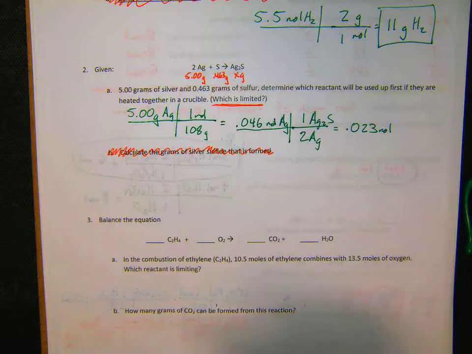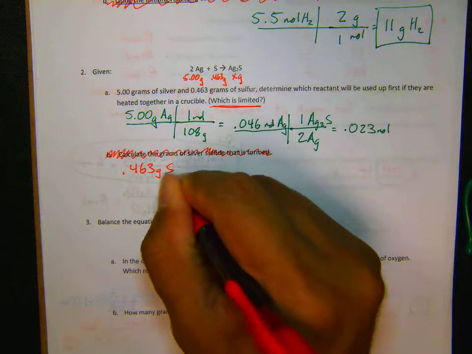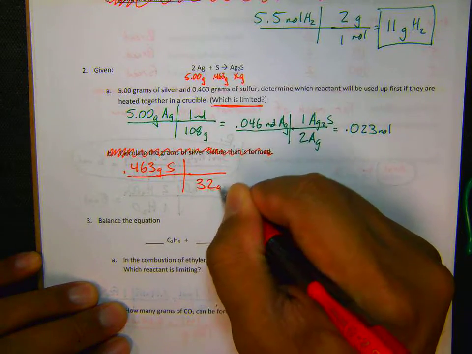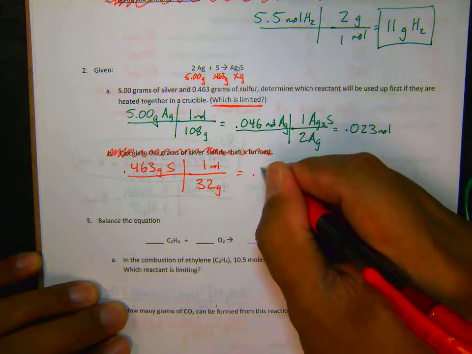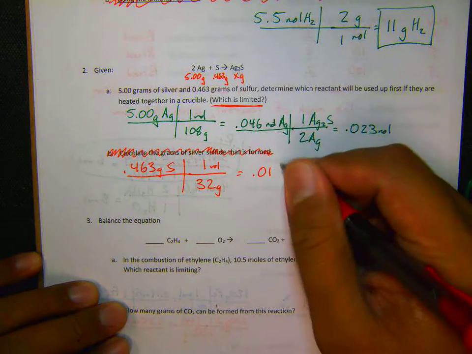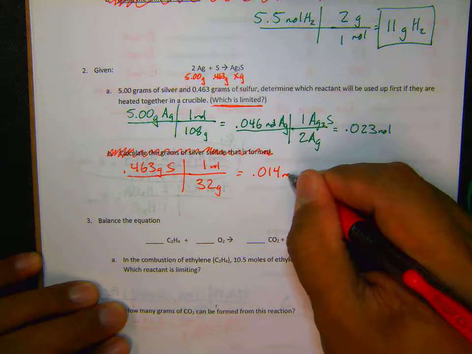Now the other one, I have 0.463 grams of sulfur. I'm going to divide by 32, because that's the periodic table number, so I can get it into moles. And that's going to be 0.014 moles of sulfur.